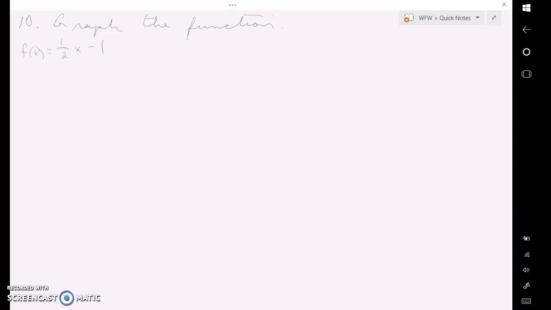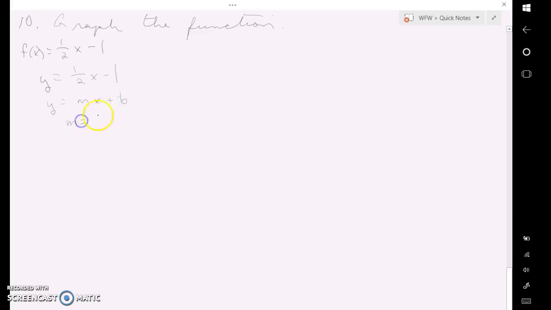In this problem, we're graphing f of x, the function, equals 1/2 x minus 1. We can rewrite that as y equals 1/2 x minus 1, and that's already in y equals mx plus b format.